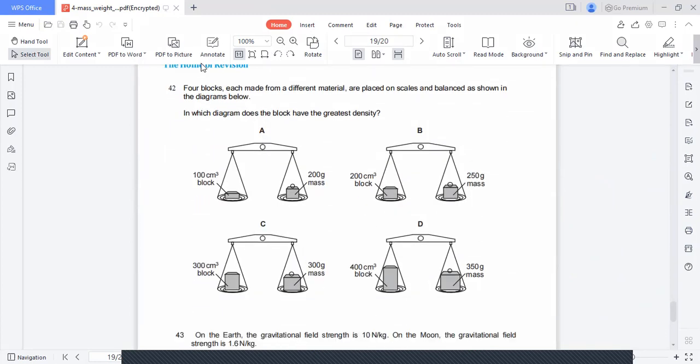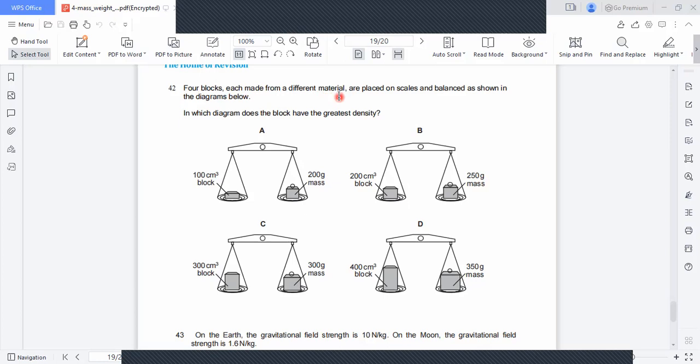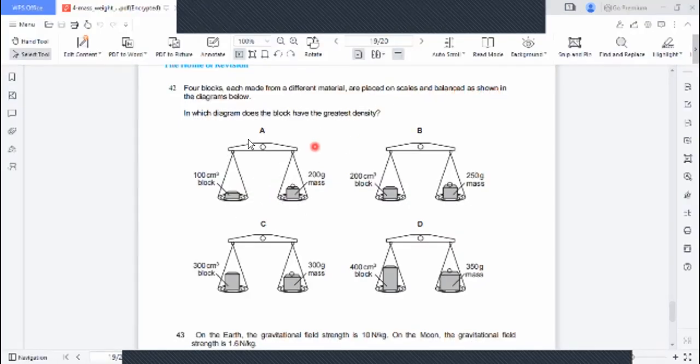Now number 42. Four blocks, each made from a different material, are placed on a scale balance as shown in the figure. In which diagram does the block have the greatest density?